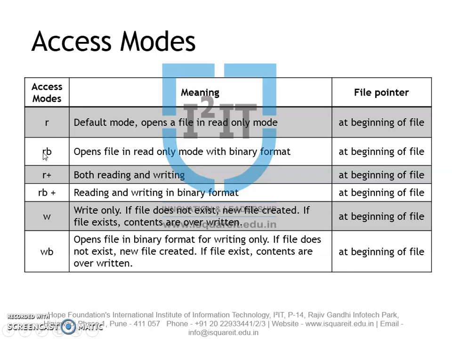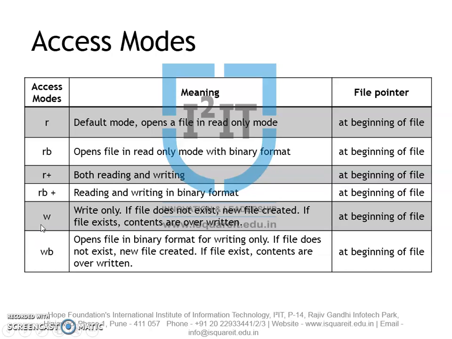If the access mode is written as rb, then file is opened in read only mode with the binary format, and again it will start reading the data from beginning of the file. If the access mode is written as r+, then both reading and writing operations will be done, and it will start reading and writing from beginning of the file. rb+ is for reading and writing in binary format. Again, this mode also starts manipulating data from beginning of the file.